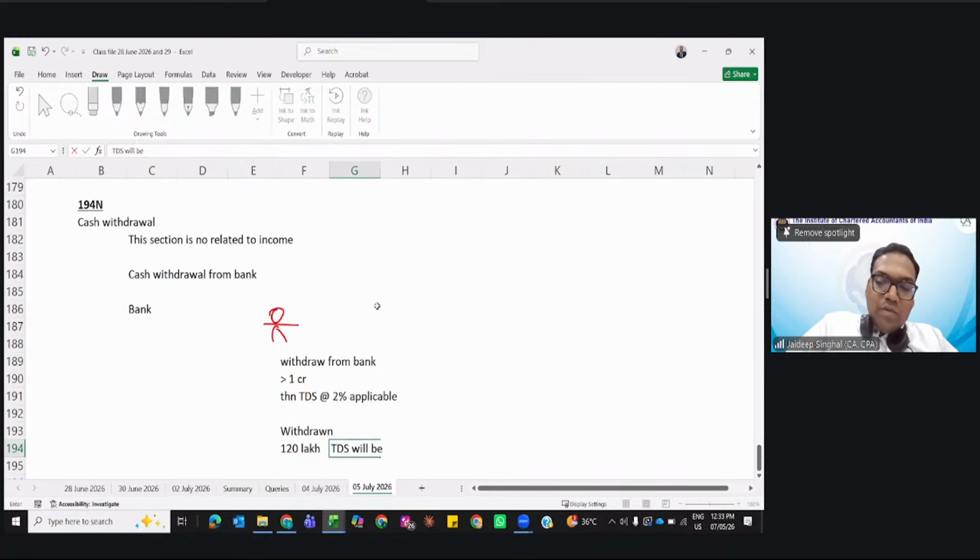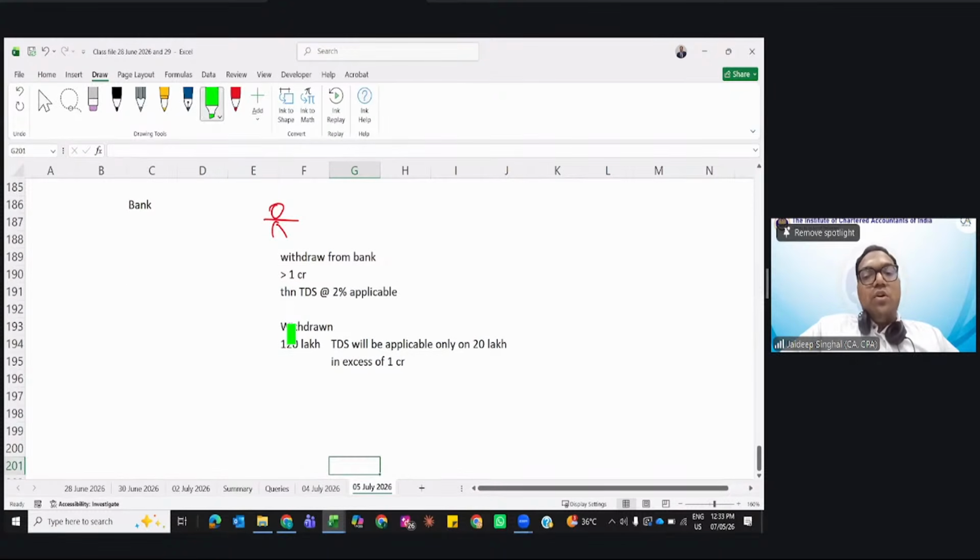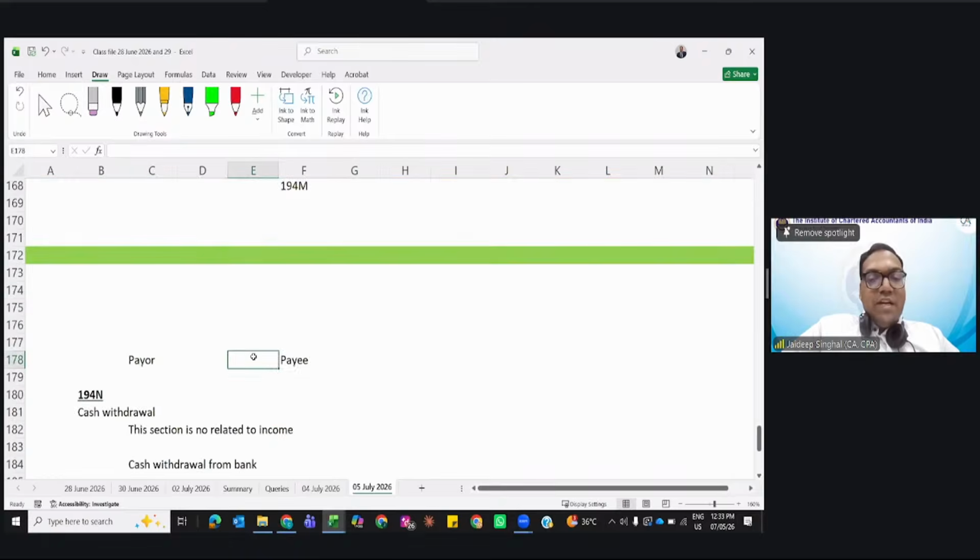TDS will be applicable only on 20 lakhs, that is, the amount in excess of 1 crore. Very, very important thing. This is section 194N.